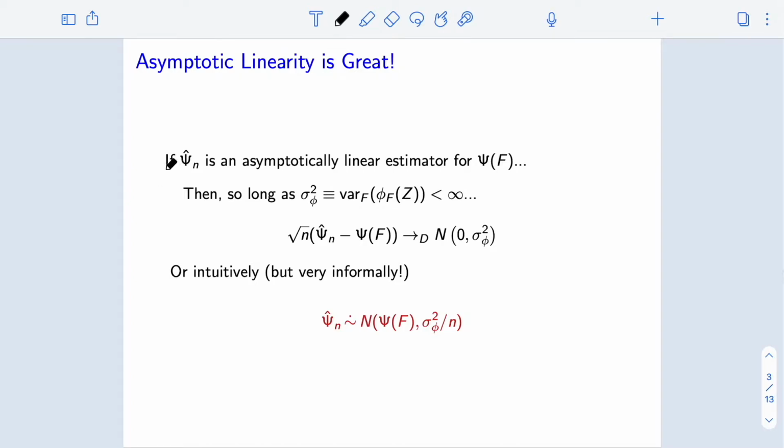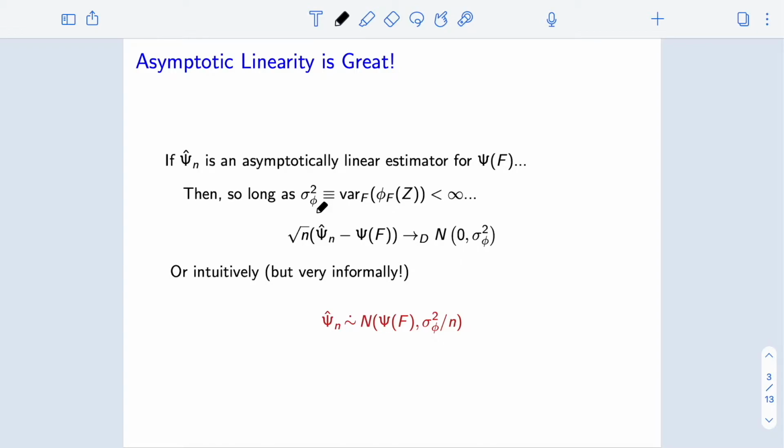If our estimator psi hat n is asymptotically linear for our parameter psi, then so long as the variance of that influence function is less than infinity, we have that the difference between psi hat n and psi, suitably scaled, has a Gaussian limit with mean zero, and the variance of that Gaussian limit is exactly the variance of that influence function.